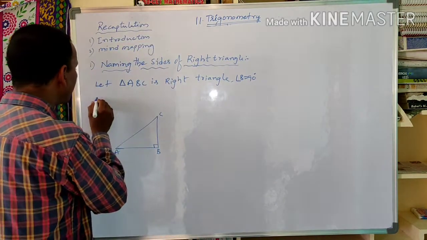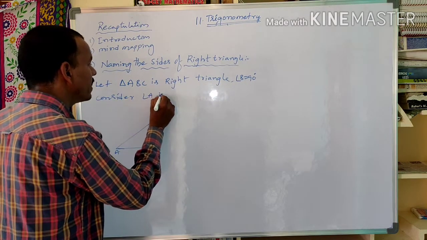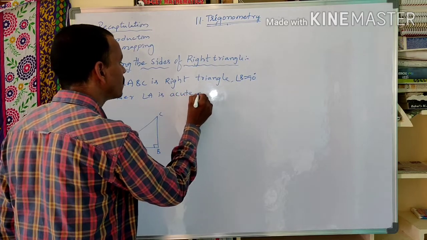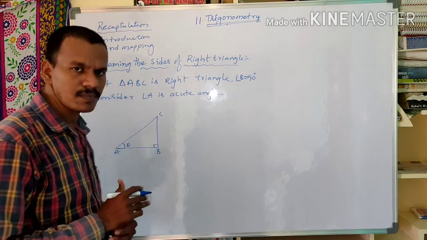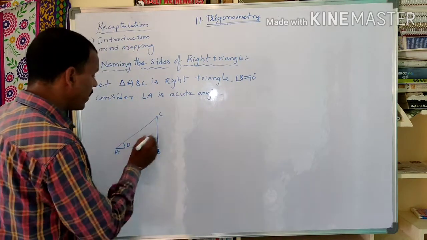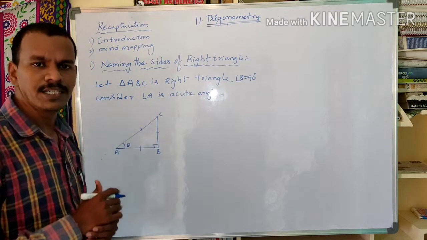Now we consider angle A as an acute angle. We can observe the names of the sides of a right triangle.